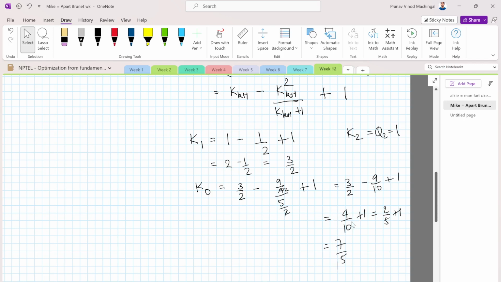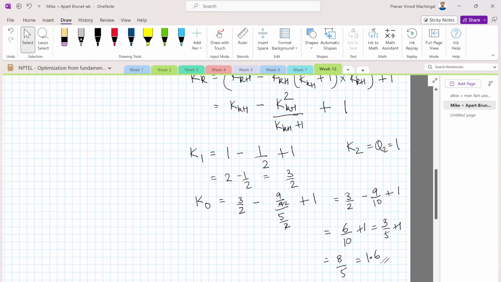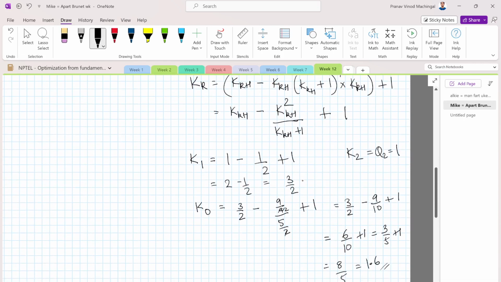Here, this part. 15 minus 9 is 6 by 10 correctly. Thanks. Comes 3 by 5. This is 8 by 5. Yeah, so this will be 1.6. Yeah, thanks, that is correct. And this is 1.5.